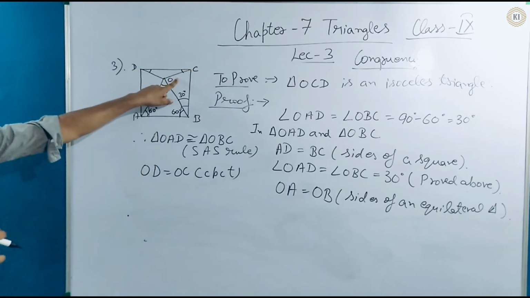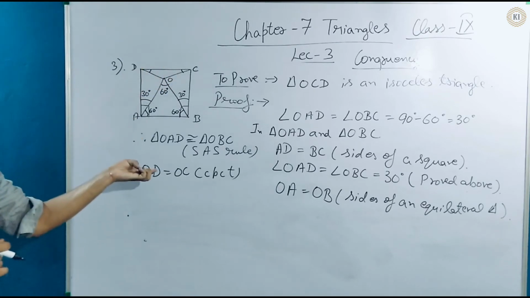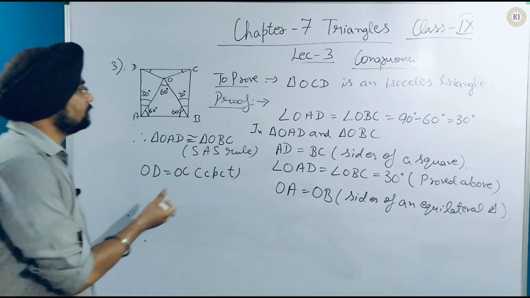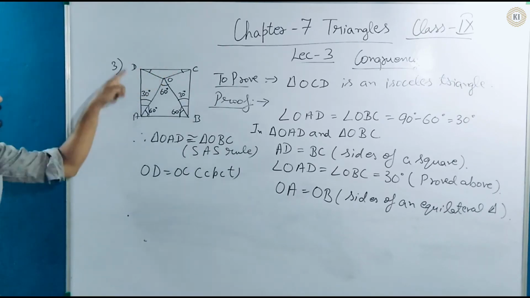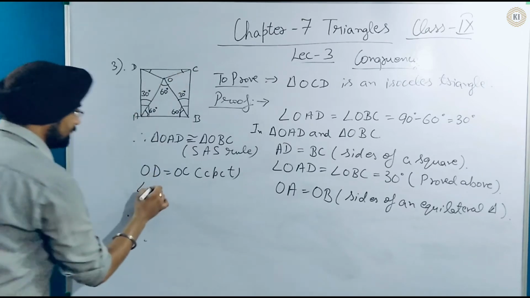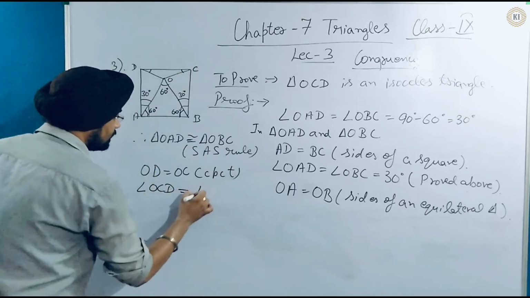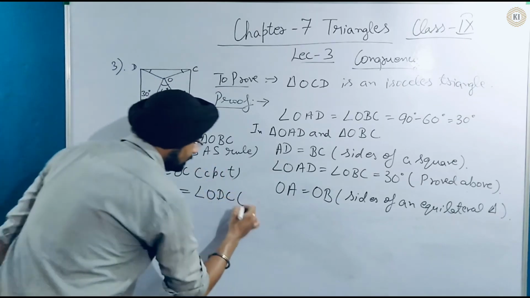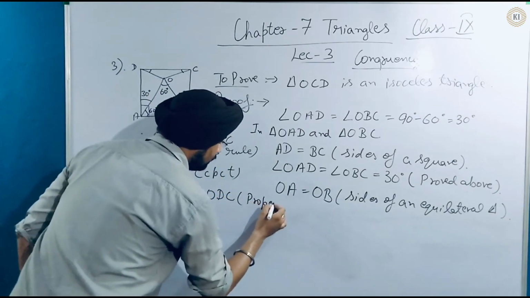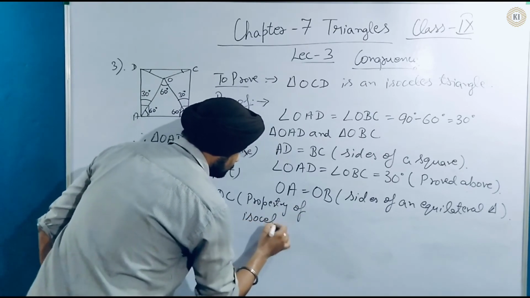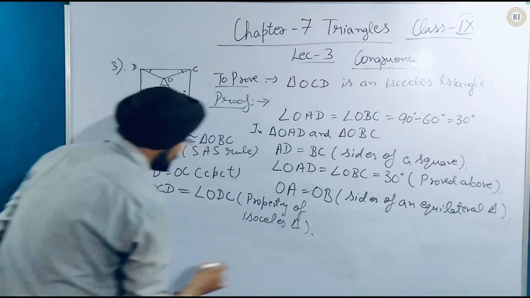So angle OCD is equal to angle ODC. The reason you will write: property of isosceles triangle.